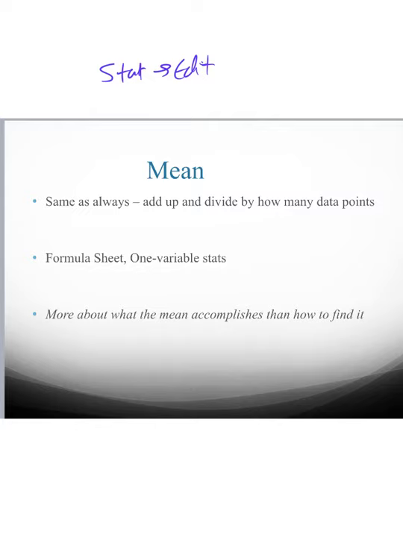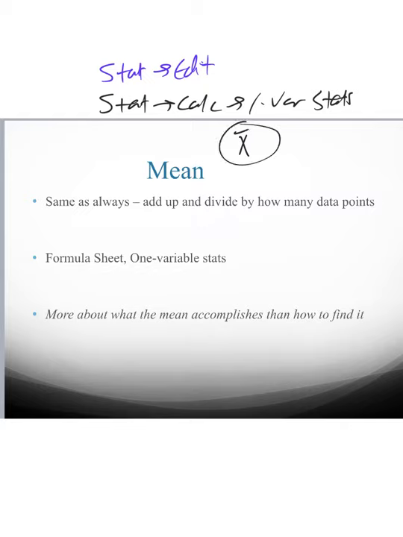So if you go to stat calc after you put your list in, you go to one variable stats. If you put the list, whatever list it is, list one, frequency, you can leave it empty and calculate. And the x bar value is your mean. So it'd be the top value that you get in your one variable stats.